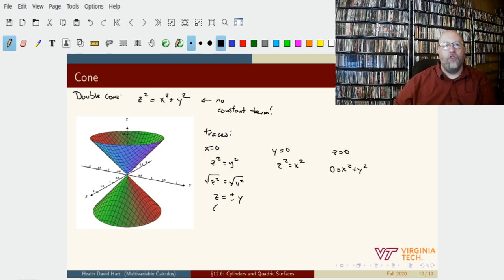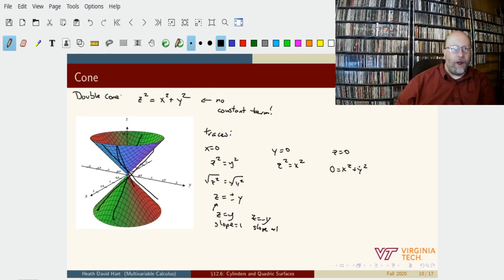And so these are two lines. Z equals y has a slope of 1, and z equals minus y has a slope of negative 1. And those are the sides of the cone. Same thing in the x direction. We have a line in the x direction with a slope of 1, and then a line in the x direction with a slope of negative 1.